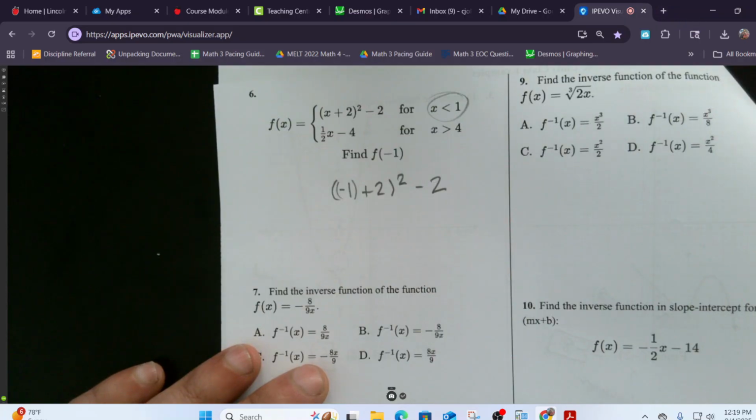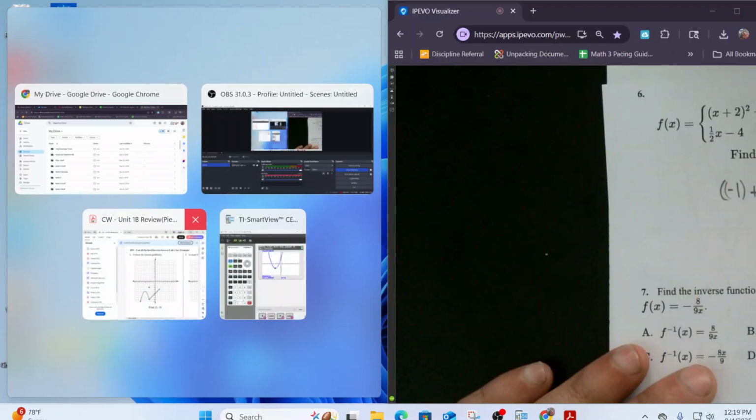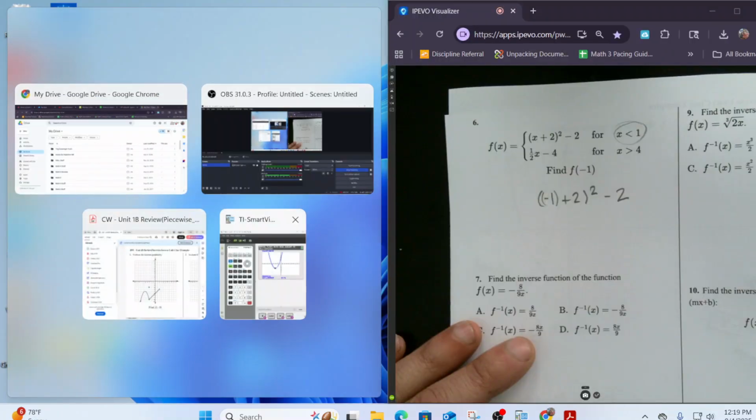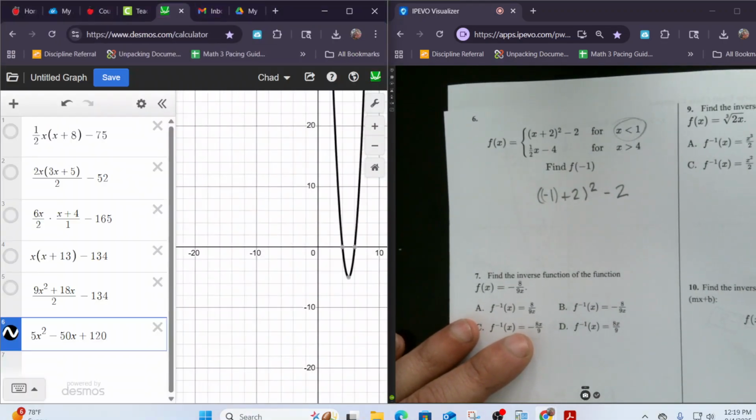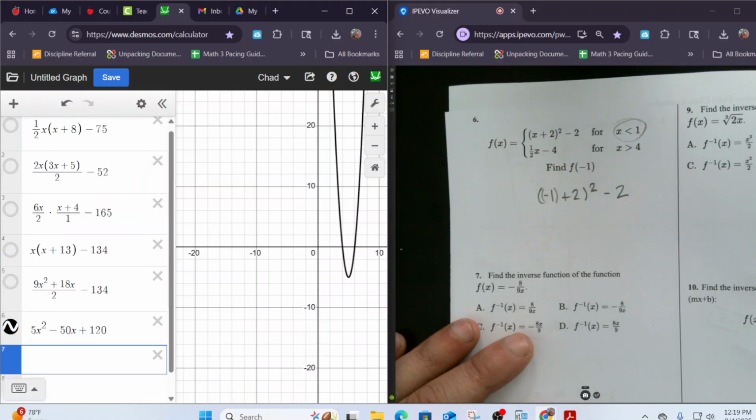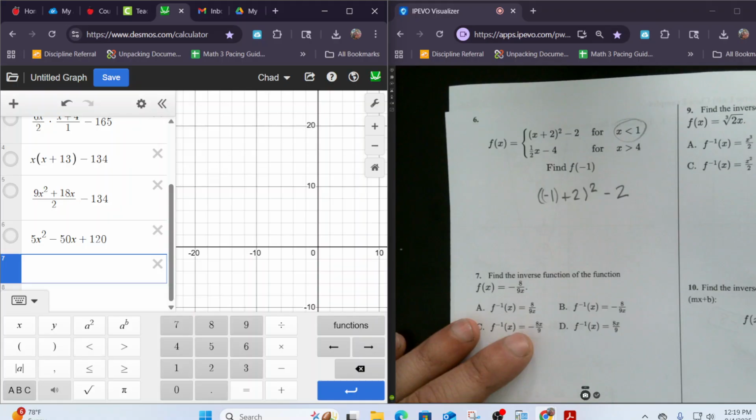All right. If we're not sure about our integer signs, we can plug that in the calculator. I got a lot of stuff going on right here.